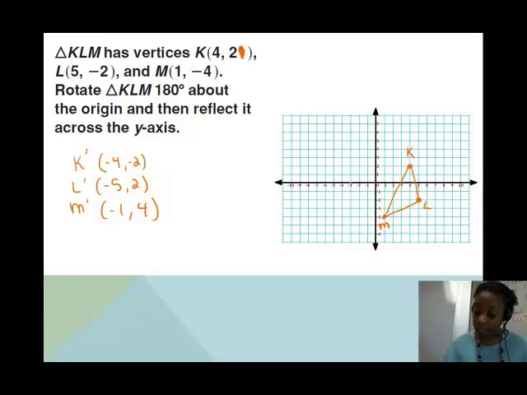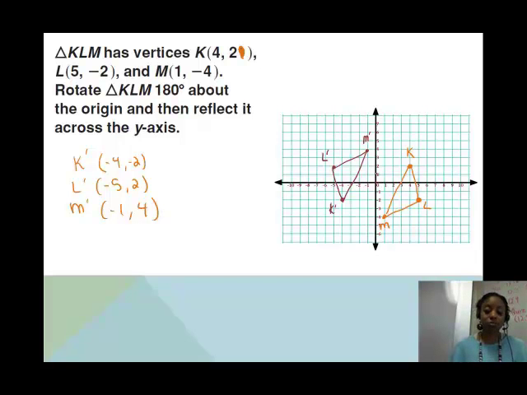So we've got negative 4, negative 2, that's K prime, and then negative 5, 2, and then negative 1, 4. So there is our first figure, rotated 180 degrees about the origin. I don't want to leave the dot there, it looks like it's part of the picture.